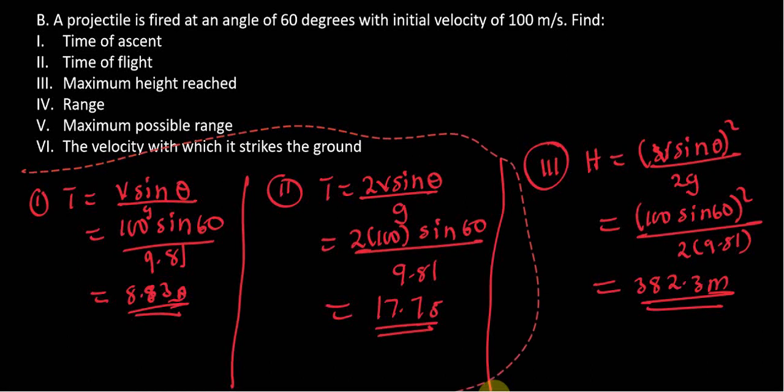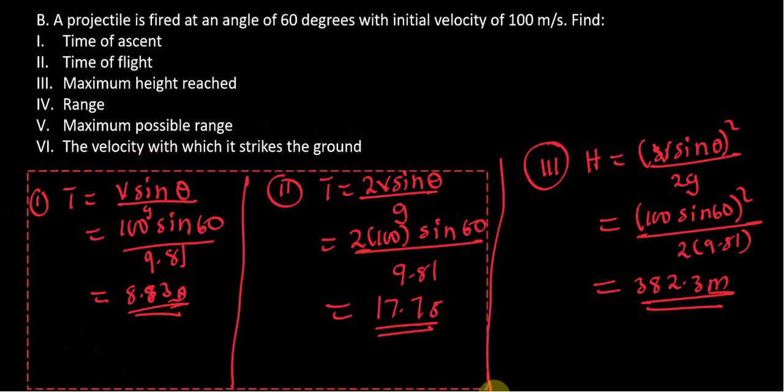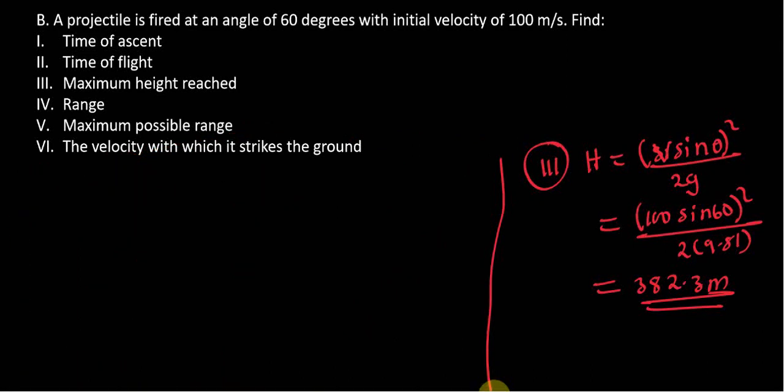Okay, now what are they also asking? Calculating the range. So we are calculating now the range, which is in question 4. The range will be, oh sorry, not that one, v squared sine 2 theta over g.